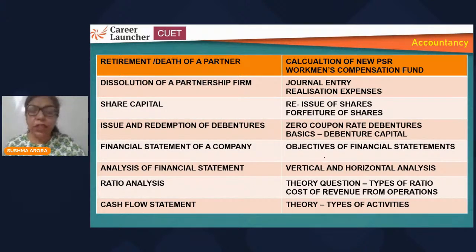In financial statement, objectives of financial statement were asked. In analysis, vertical and horizontal. In ratio analysis, theory questions, types of ratios, and profitability ratios. Cash flow statement, theory, types of activities.